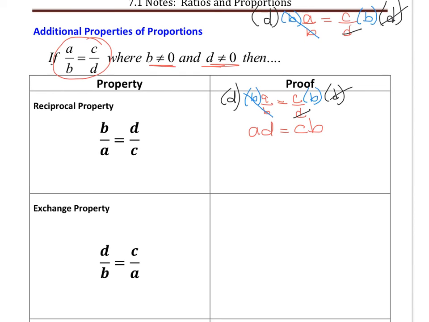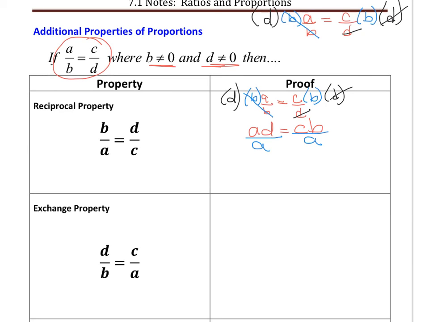Fair enough. Now I want to prove that B divided by A equals D divided by C. Okay, well I have B in the numerator over here, so let me divide that side by A, because I want B over A. So I'm going to go ahead and divide this side by A. Whatever I do on one side, I have to do exactly the same thing on the other.